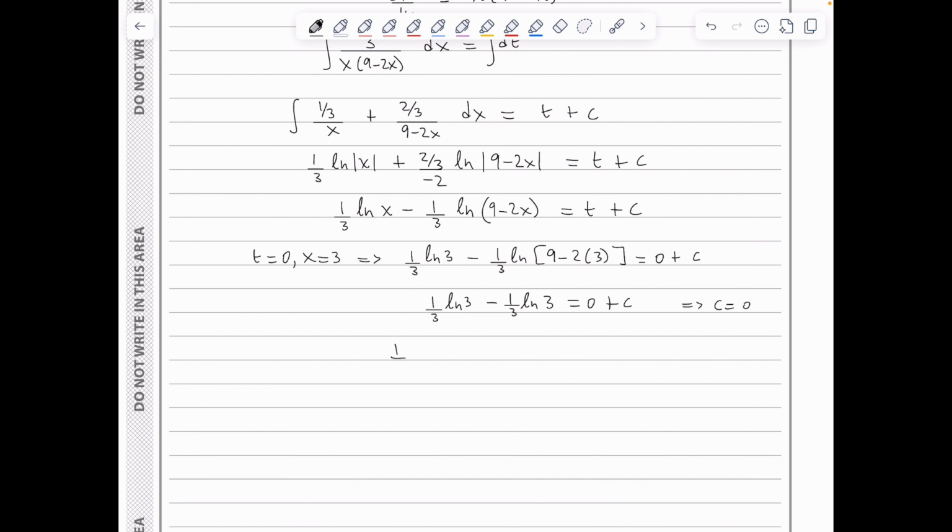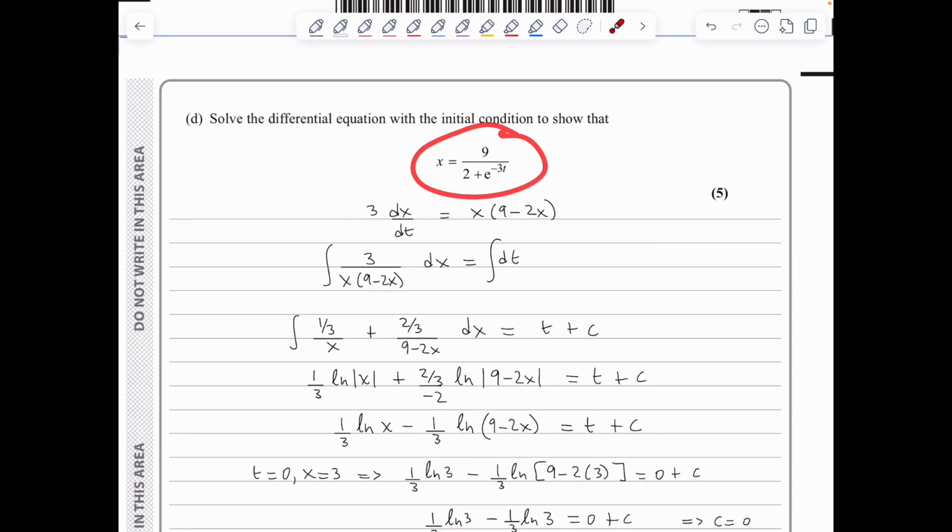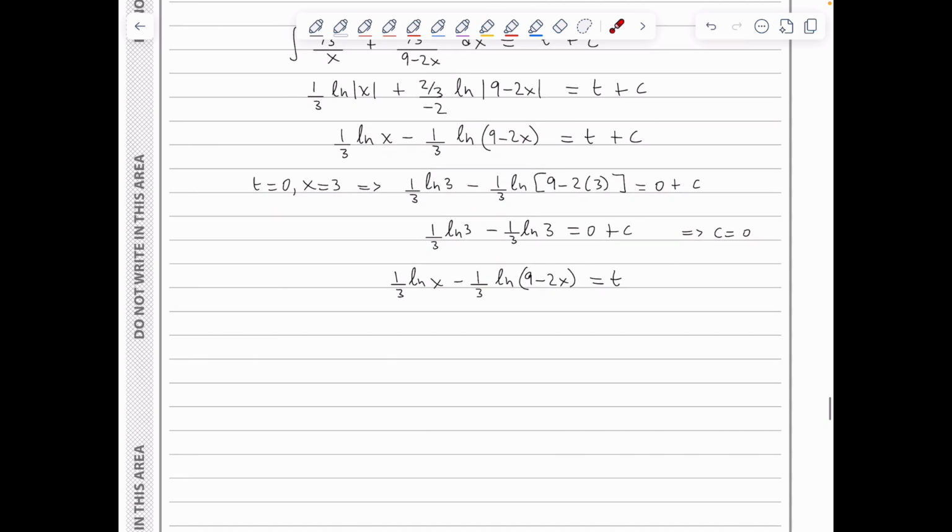So we've got 1 over 3 ln x minus 1 over 3 ln of (9 minus 2x) is equal to t. Remember, we're trying to get this in the form of x is 9 over 2 plus e to the minus 3t. So it makes sense to start by multiplying throughout by negative 3.